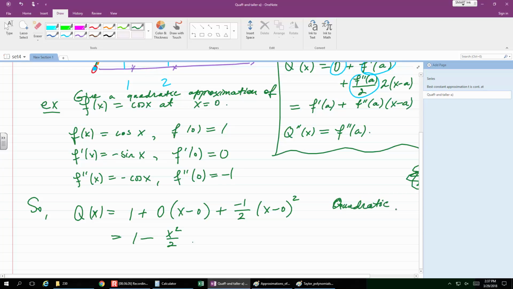Where is the constant approximation? You can still see it in the formula. The y is 1? It is 1, yes. It is 1, right? Now, it's a bit trickier, but what about the linear?